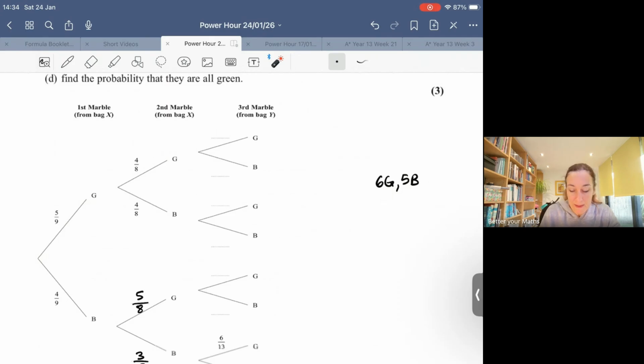So what is the probability of getting green from this bag? I have 6 originally and 2 more that I have added from bag X. So I have 8 green out of 8 plus 5. Does it make sense? So this probability is 8 out of 13. What is the other probability? Blue, 5 out of 13. Yeah, because I have 5 blue and I have 13 balls in that one.